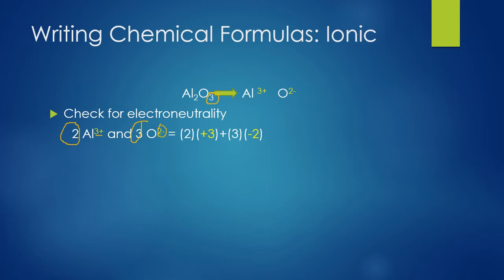So what we're trying to check is that it is indeed neutral. If we have 2 atoms of aluminum at +3, that's going to give me +6 on the plus side. I have 3 atoms of oxygen, each with a -2, so that's going to give me a -6 on the oxygen side. A +6 plus a -6, they cancel each other out. That compound is overall neutral.